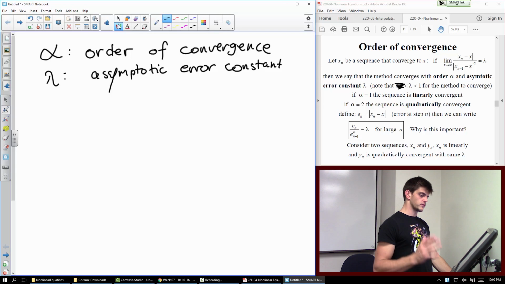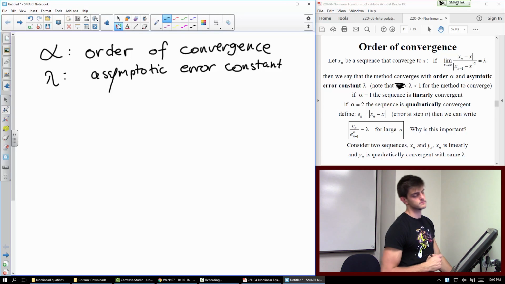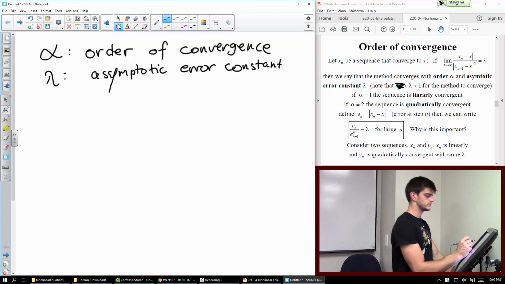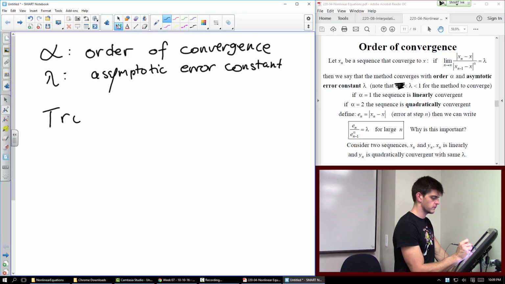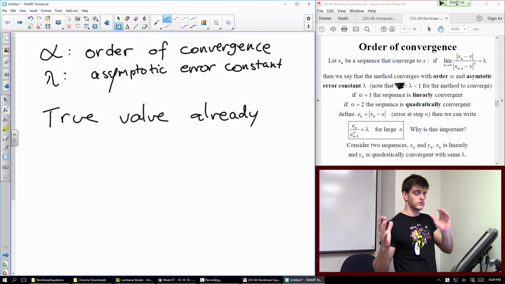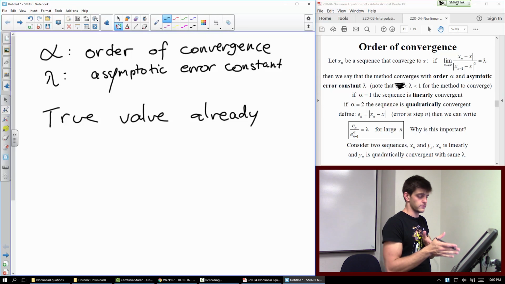The thing that we first want to take a look at is the error. All of these derivations about order of convergence assume that you already have a true value. What we want to see is how fast your root solving technique approaches that true value.